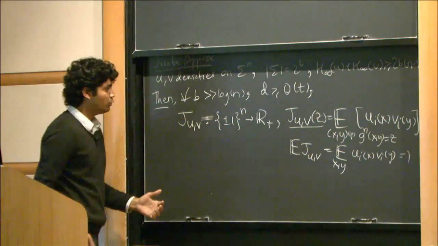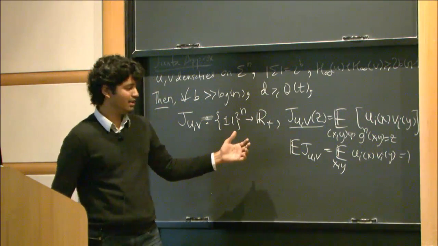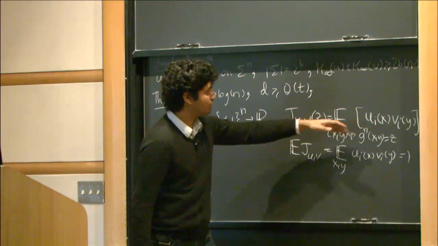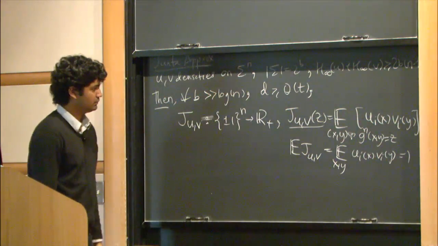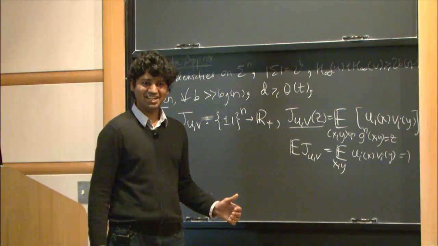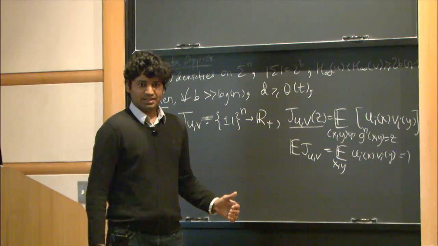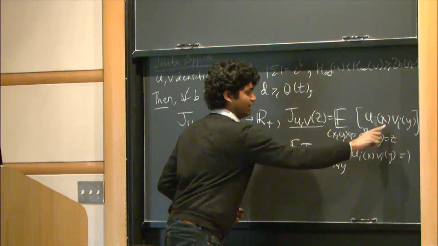Okay. And we want to understand how juv looks in terms of some properties of this rectangle, u's and v's. Why call it juv? Well, you mean why I chose notation j? No, I mean, what's the relation between u and ui? Sorry, there is no i here.